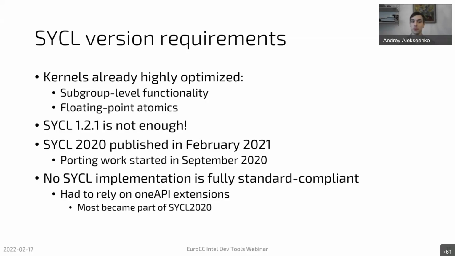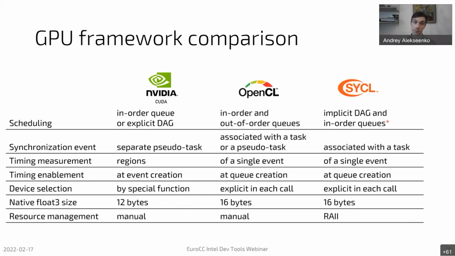But as it turned out later, most of what we used was planned for inclusion and actually became a part of the upcoming SYCL 2020. So it was an easy compromise to make. We stayed not within the standard as published, but within the draft of the next standard, which turned out to be good enough for our portability.